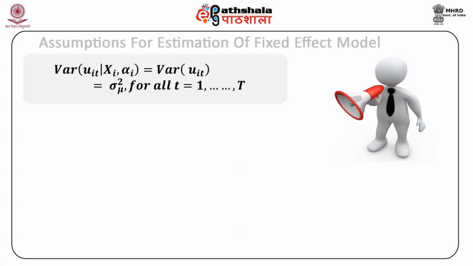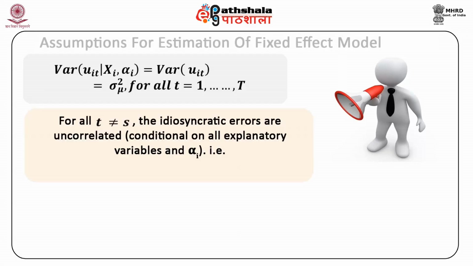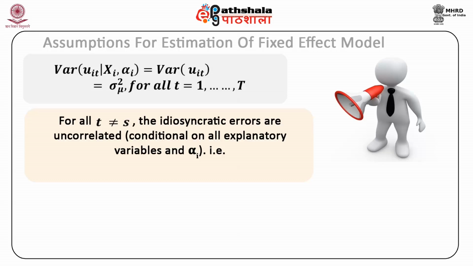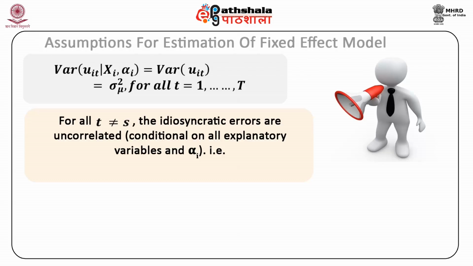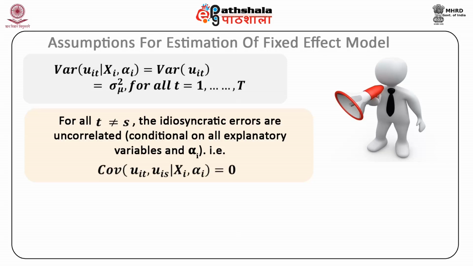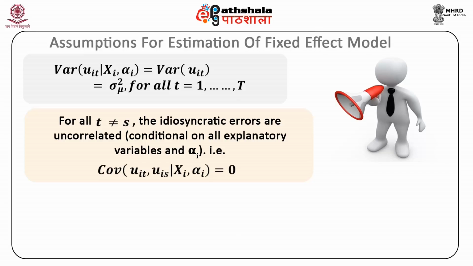The sixth assumption is that for all t not equal to s, the idiosyncratic errors are uncorrelated, conditional on all explanatory variables and alpha_i. This can be expressed as covariance of u_it and u_is given x_i and alpha_i is equal to 0.